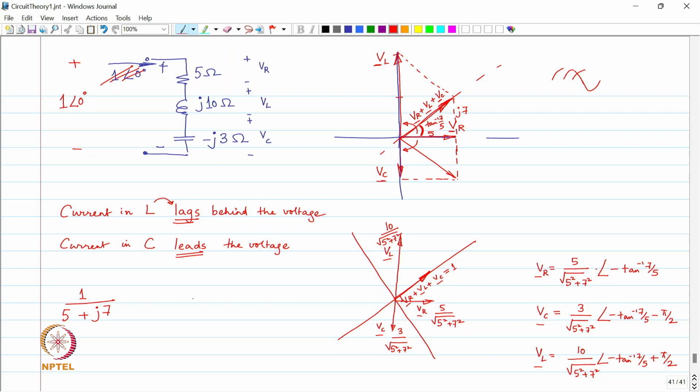So, the voltage across 5 ohms is going to be 5 divided by 5 plus j7, VL is going to be j10 by 5 plus j7, and VC is going to be minus j3 over 5 plus j7, and you have to verify that these two are the same, this and this, right, these two are the same thing, please verify.